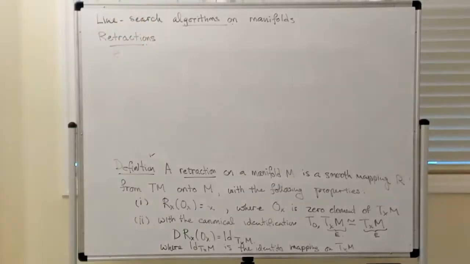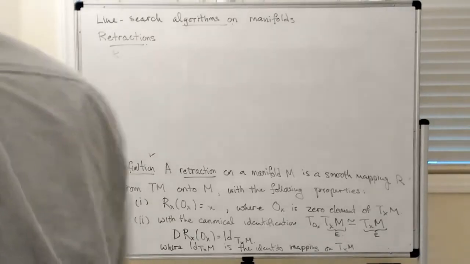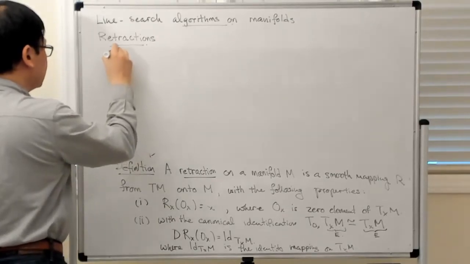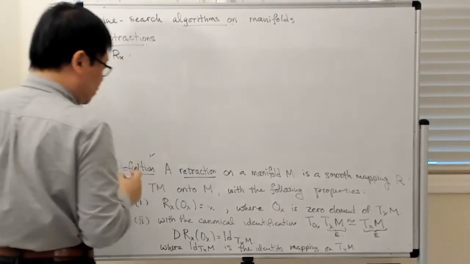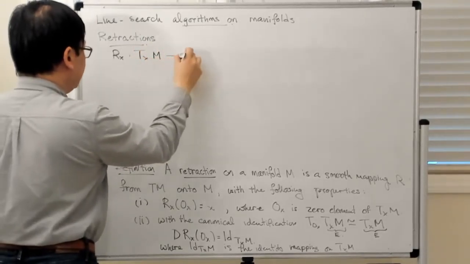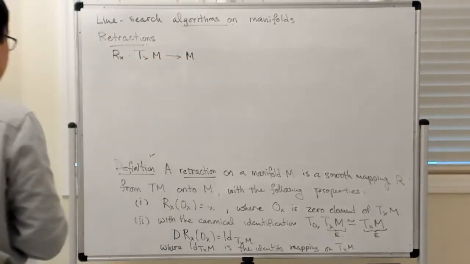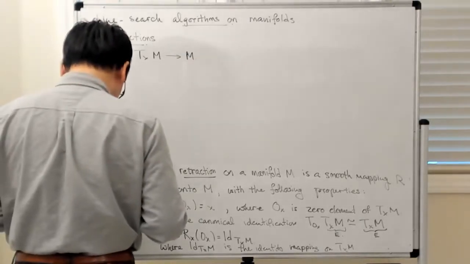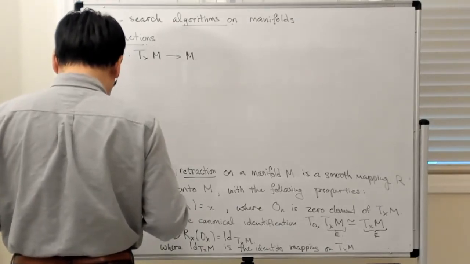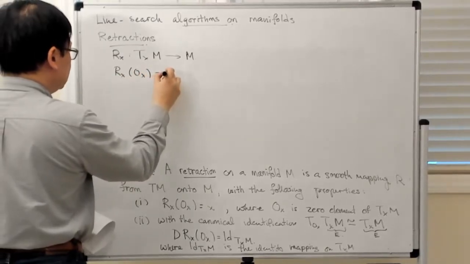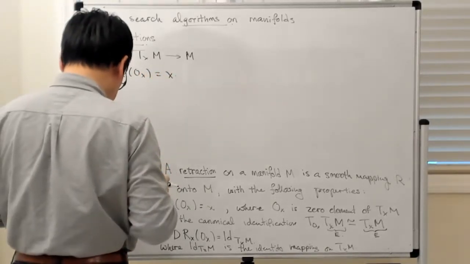We know that Rx is a map from Txm to m, okay, on the one hand. And Rx also sends 0x to x, okay?